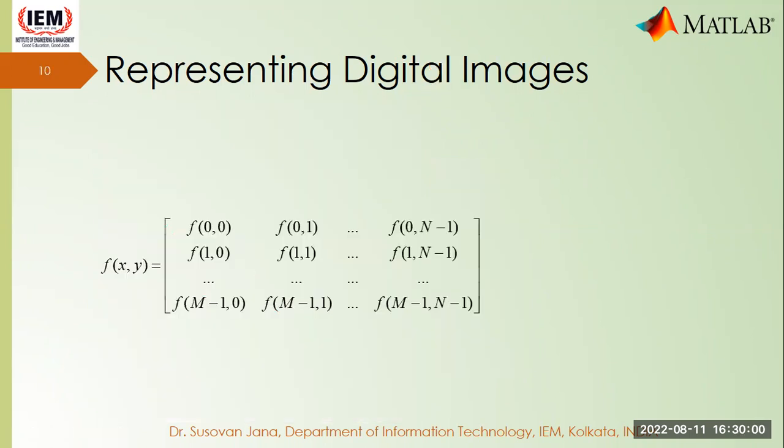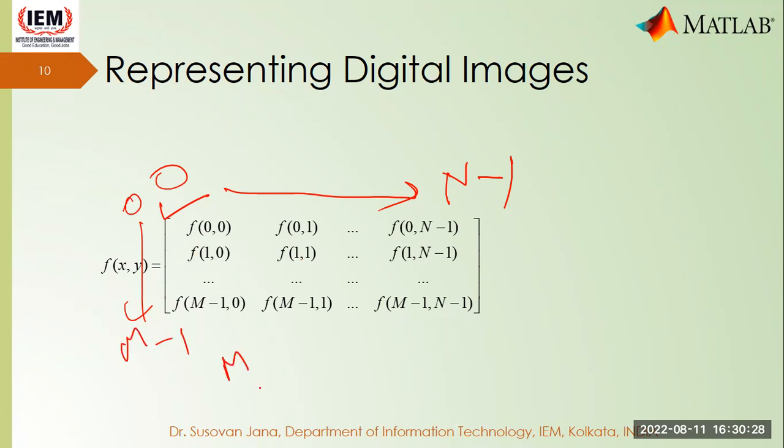Now, how to represent a digital image in matrix format? You can see it's a 2D matrix starting from the coordinate f(0,0). In the y direction it goes up to n minus 1, from 0 to n minus 1. That means we have n number of columns, and in the x direction we have 0 to m minus 1.